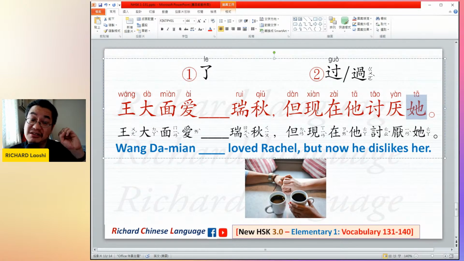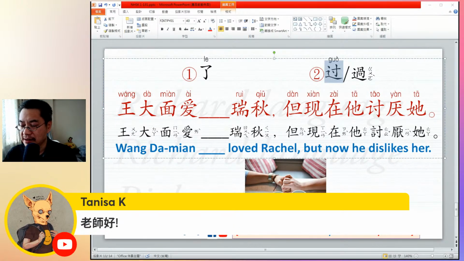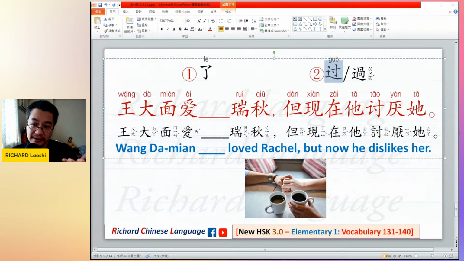So we use 过 to show previous experiences. Very good. The correct answer, 过.